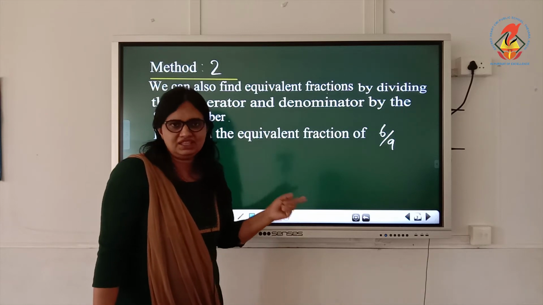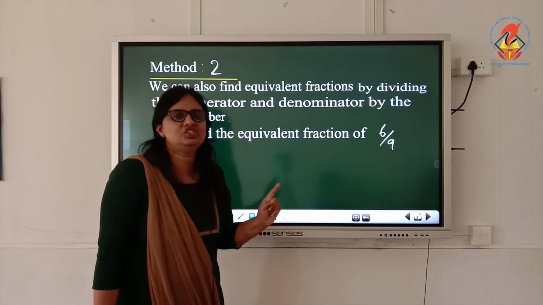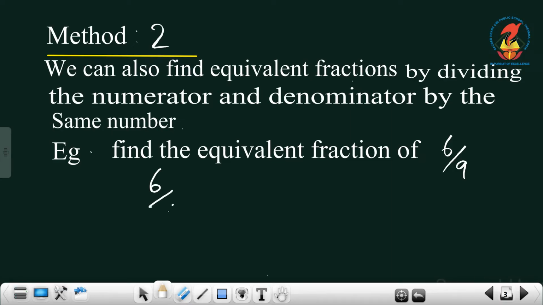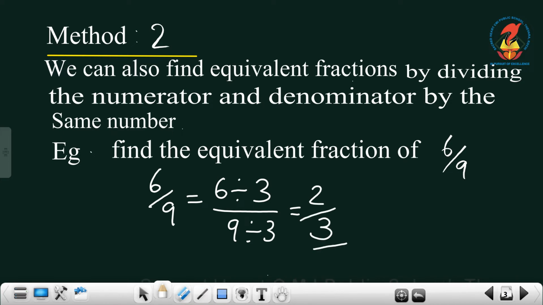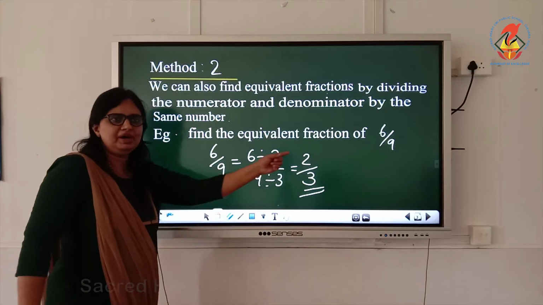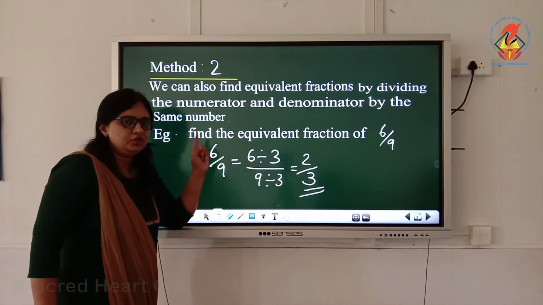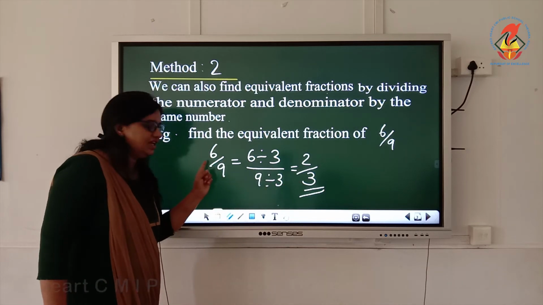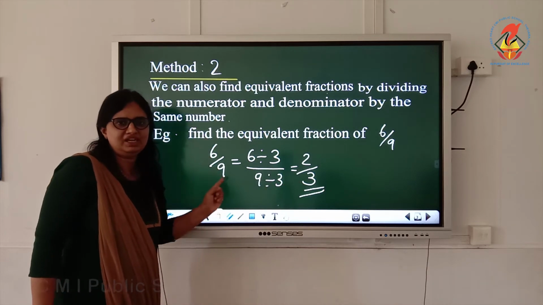And 9 by 3, is it possible? Yes, children. We can do 6 by 9 equals 6 divided by 3 and 9 divided by 3. You will get what? 2 by 3. 2 by 3 is one of the equivalent fractions of 6 by 9.